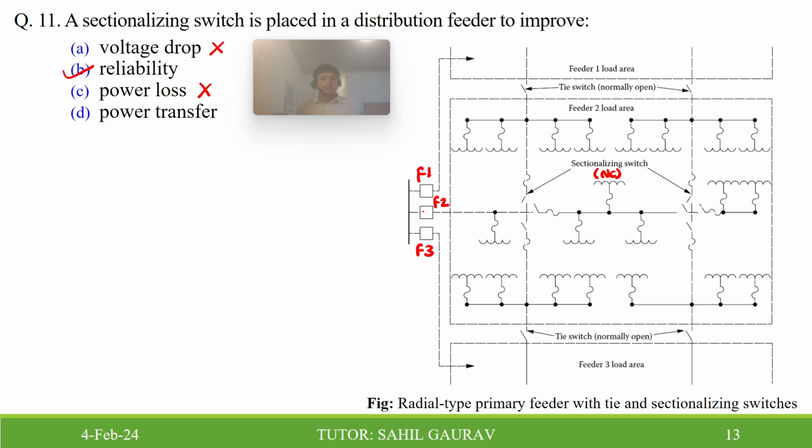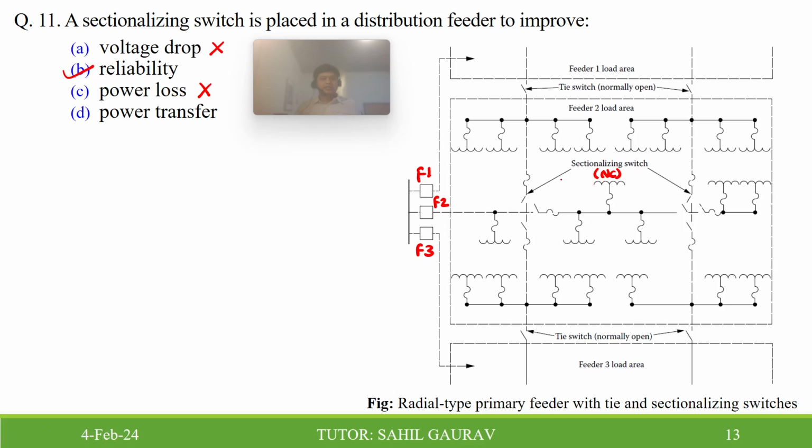Power is being provided by feeder number 2, so all should be normally closed. That's why they can get power from feeder number 2. Otherwise how would they get power? So we can understand that sectionalizing switches are normally closed type.